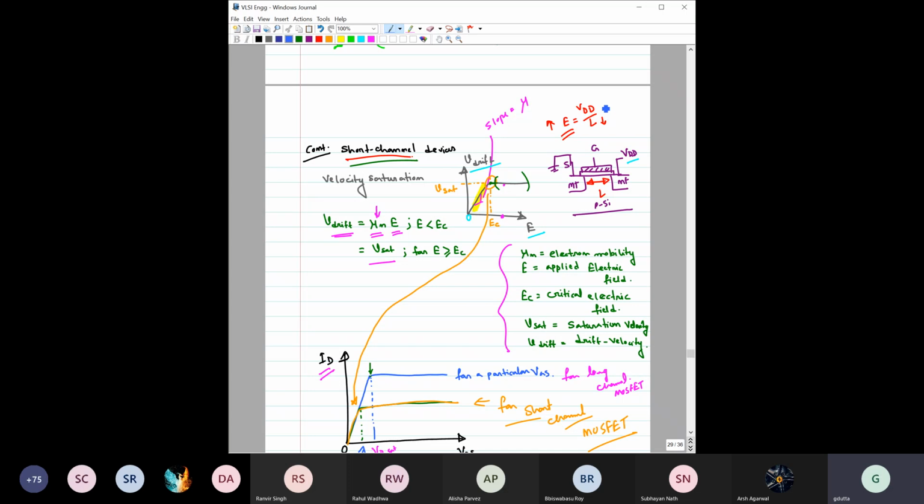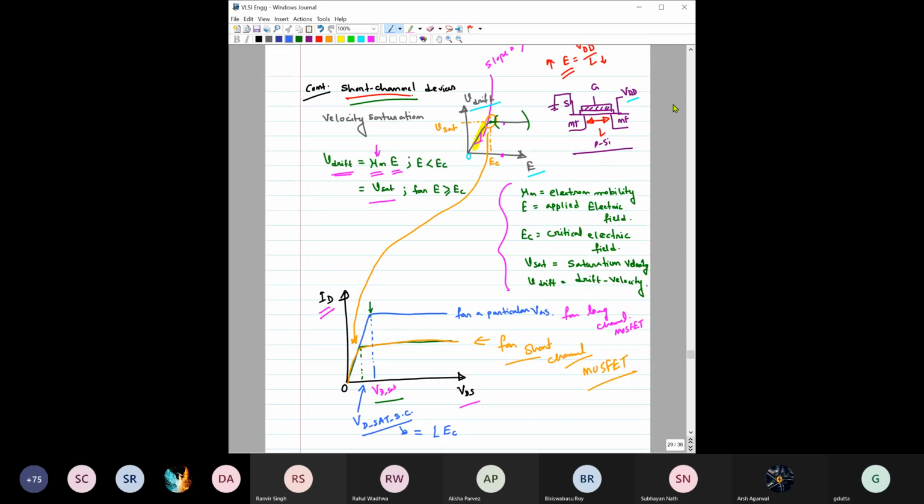See here, this VDD is equal to L times E, right? Am I not doing the same thing here? This is also VDD; VD sat means also VDD, isn't it? Yes, sir, you are right. VDD over L, and this value is EC.